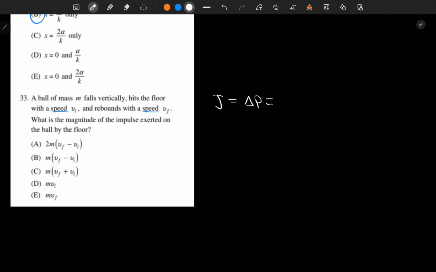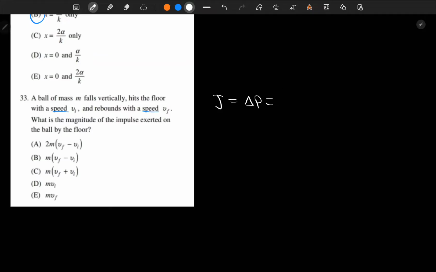And we initially have a ball moving down towards the floor. So this has a negative velocity. And then at the end, we have the ball moving up, which has a positive velocity.